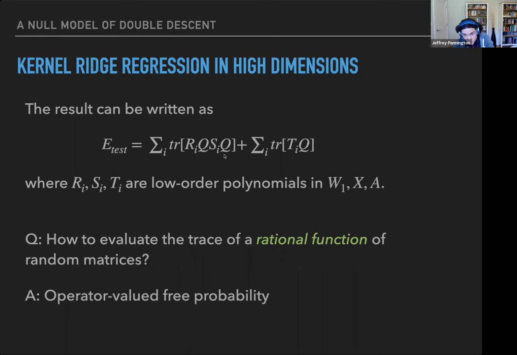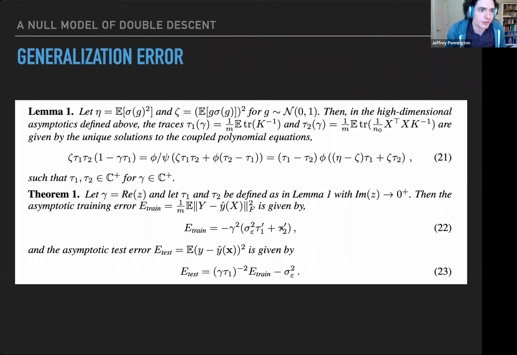And of course, this is a solved problem for this type of trace object. You can just write down a linear pencil and then turn the crank using the formalism of operator valued free probability to compute self-consistent equations for the relevant trace objects. And when you do that, you get pretty much what I think you would expect, a set of coupled polynomial equations in terms of which you can express the test error.